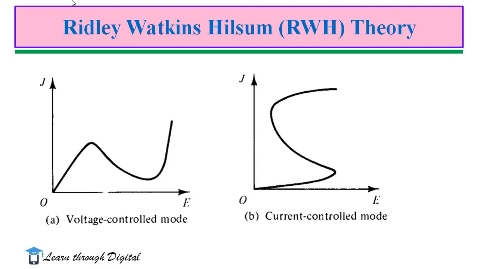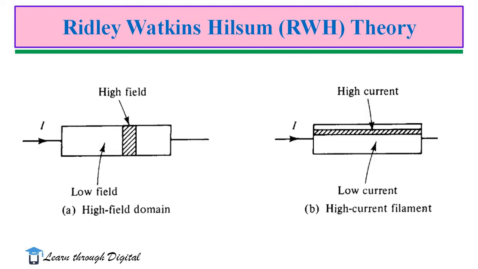In the case of voltage controlled mode, high field domains are formed, separating two low field regions. This figure illustrates the high field domain. In the case of the current controlled mode, it separates the sample and results in high current filaments running along the field direction.